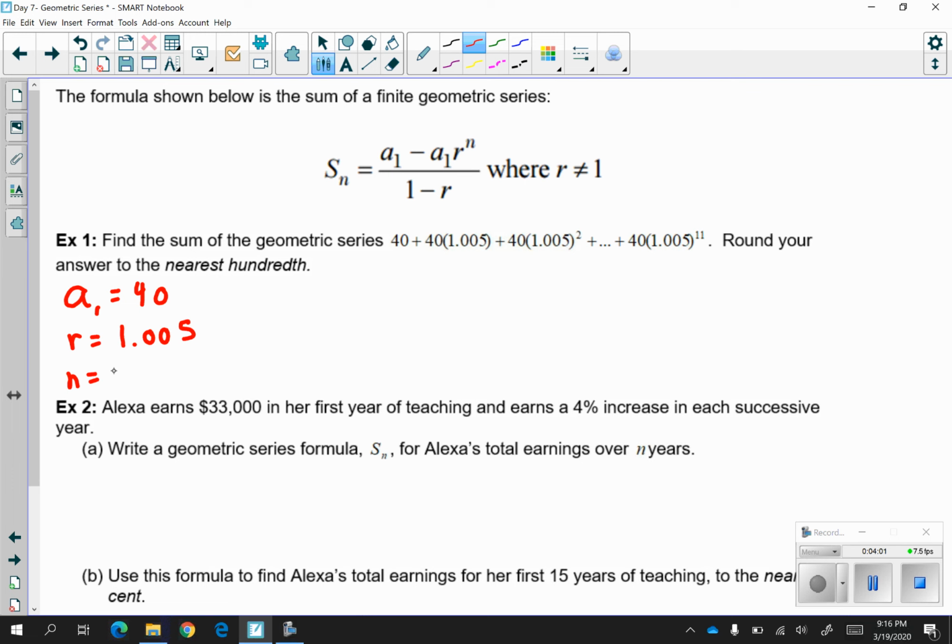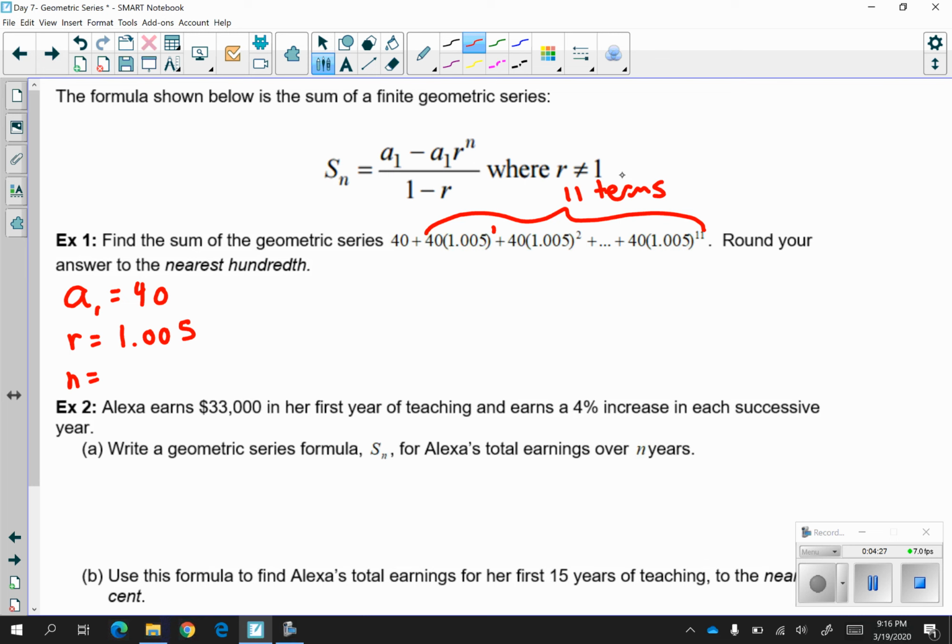So if you notice, this is the first term, right? The second term, the 11th term. If you look over here, we're going from 1 to 11. So there are 11 terms without including that first one, right?